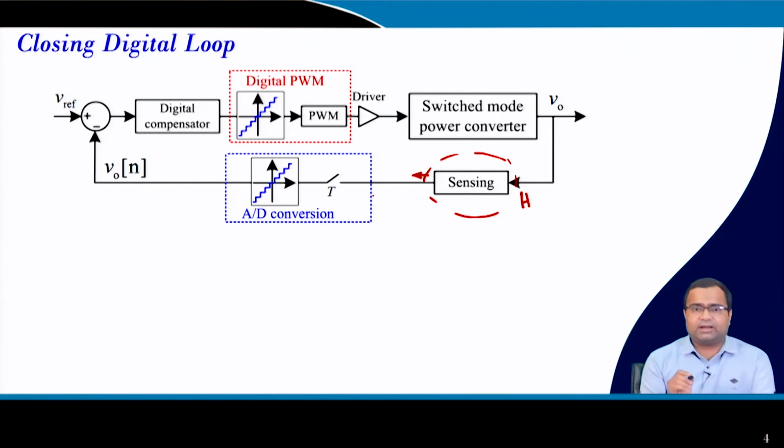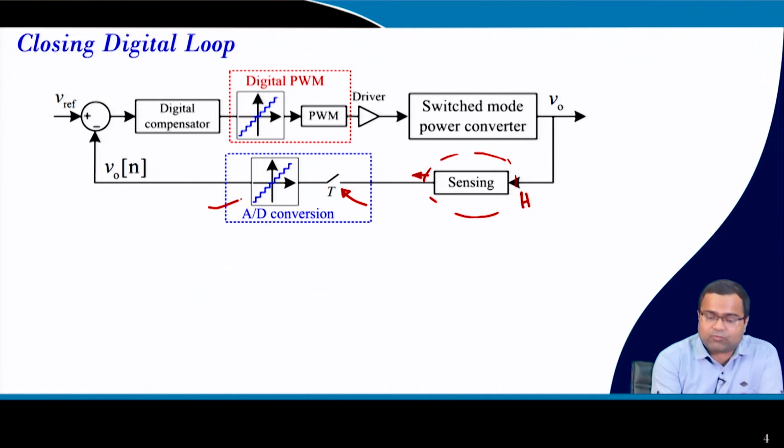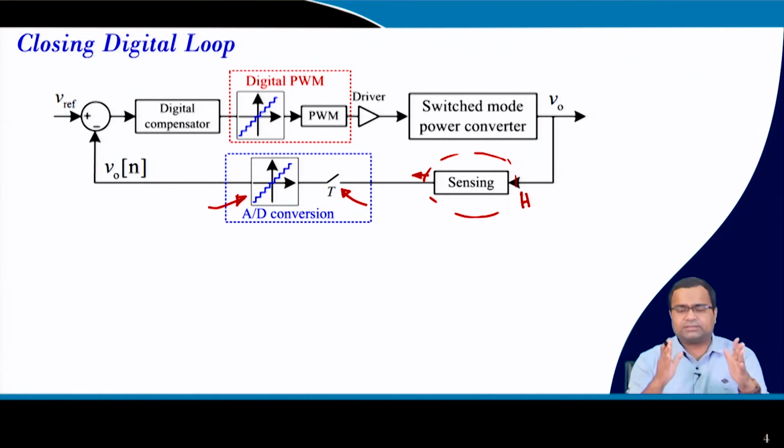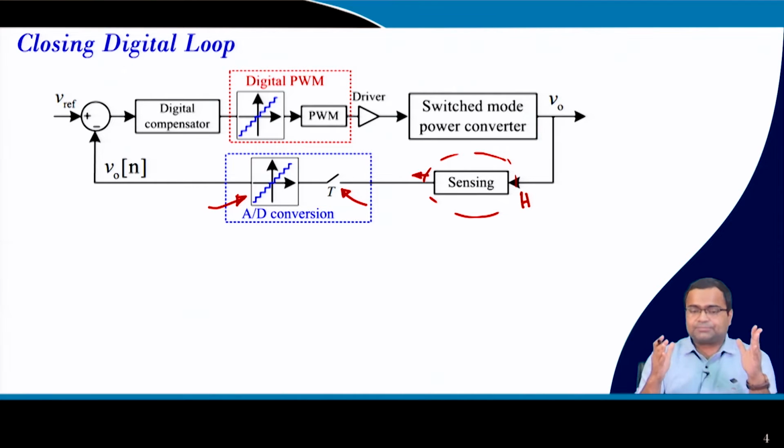Then the A to D converter is used to convert the analog signal into a digital signal, and this goes through three things. One is a sampler block, which you can represent mathematically. The sampler will sample the voltage, or any signal that we pass, at different discrete times.